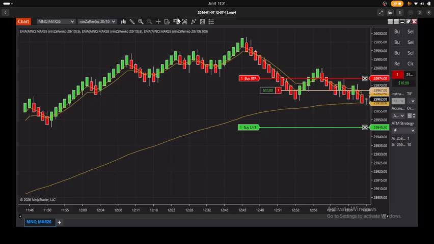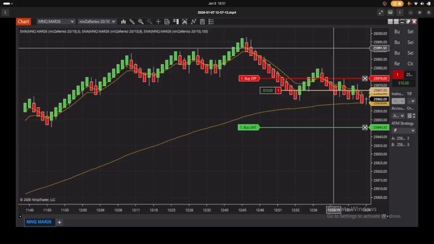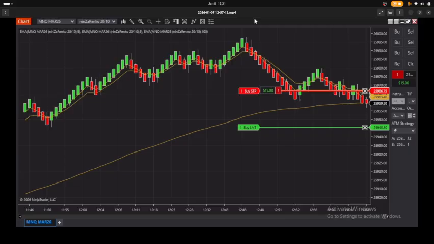Up 5 points. Move the stop to break even. Up 7 points. I have a feeling this is a break-even trade.